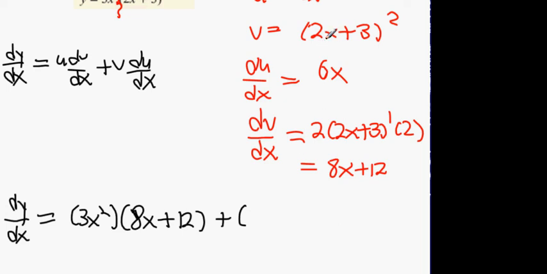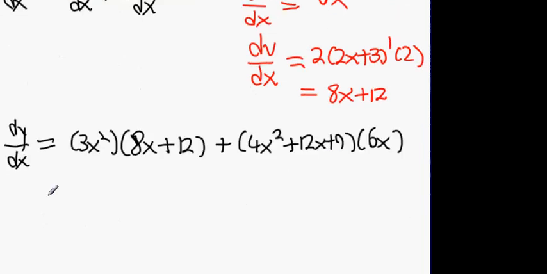Is it alright if I square out v right now? I'm just going to square it out because it is 2x plus 3 squared, so I'm going to square that out. And I'm going to get 4x squared plus 12x plus 9. That's when you square the brackets out. And once I've done that, I have to multiply that by 6x.